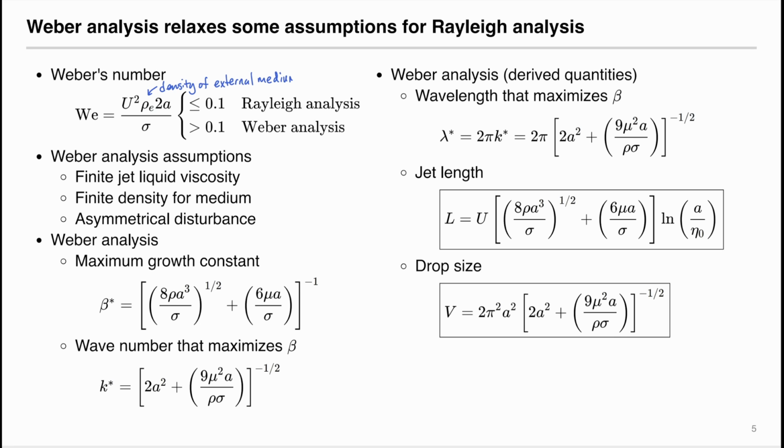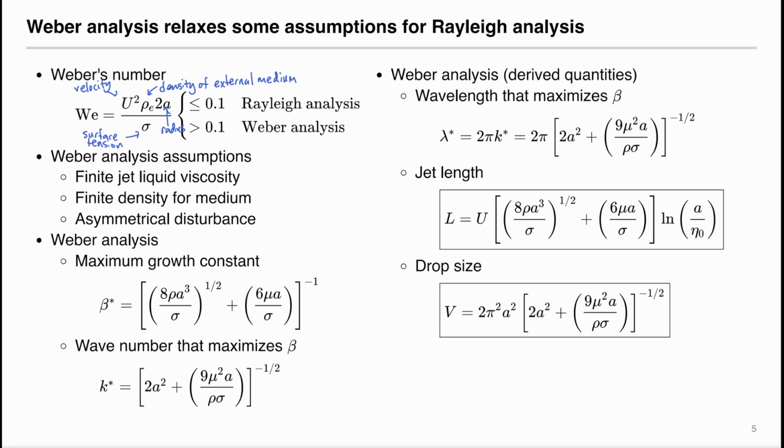For example, in our case, we're using air. U is the velocity and a is radius, divided by the surface tension. If the Weber number is smaller or equal to 0.1, we use the Rayleigh analysis, the simpler one. But if the Weber number is greater than 0.1, we use the Weber analysis that we will detail.